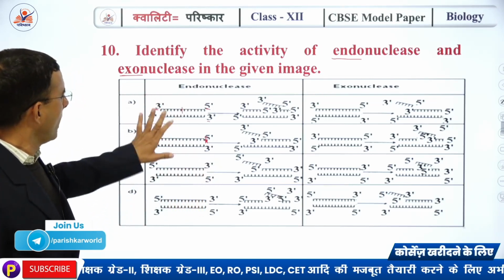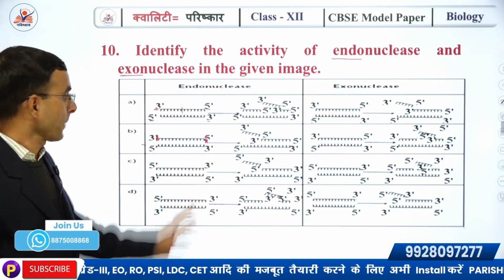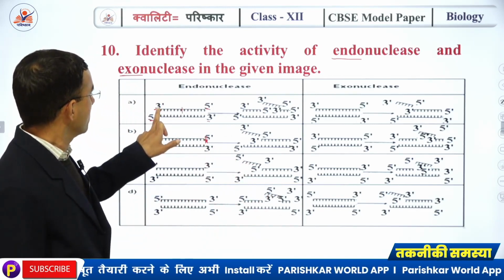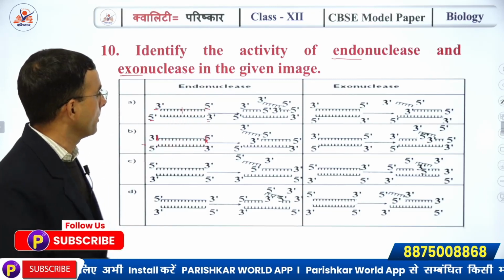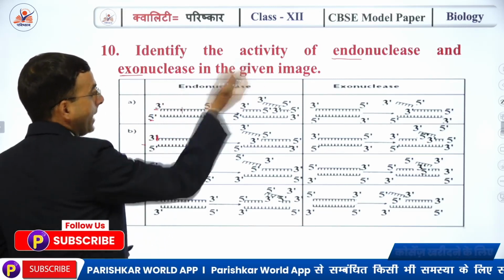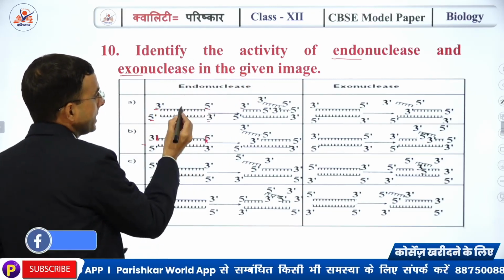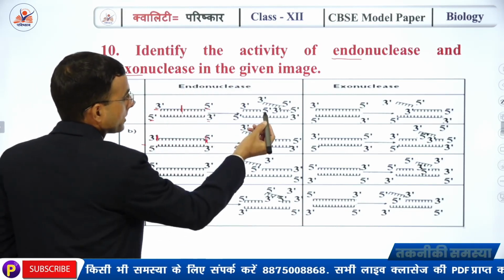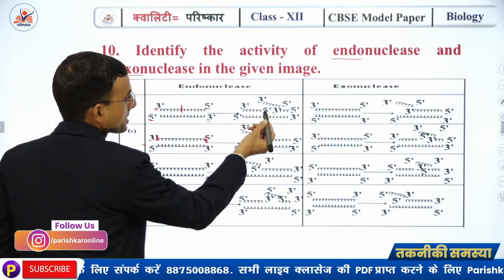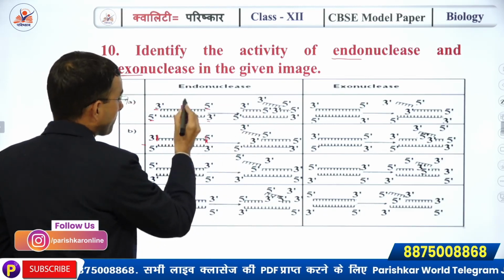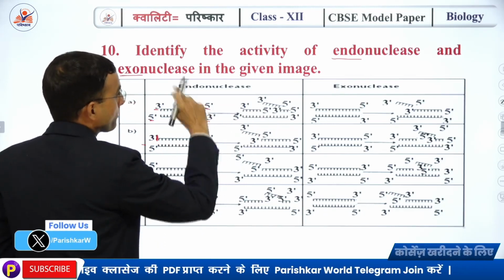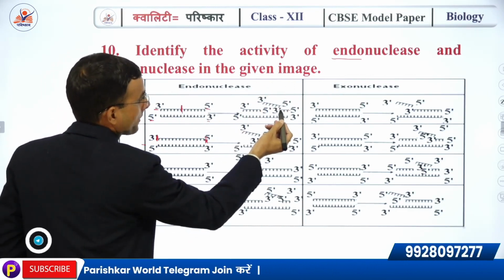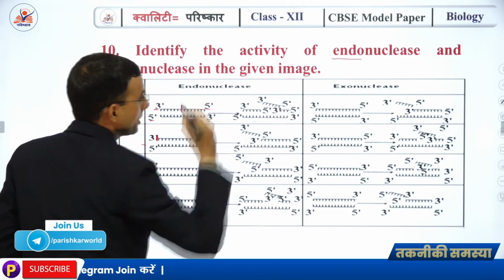So look at why the first one is incorrect. That same concept is followed in the other options. So look at this one. This one is 3' and 5'. If this endonuclease first cuts the DNA from this side, then this one is 3', then this one is 3', the next is 5', and after this, if this one is 5', then this one is 3', and the next one, if cutting, is 5', then 3'.